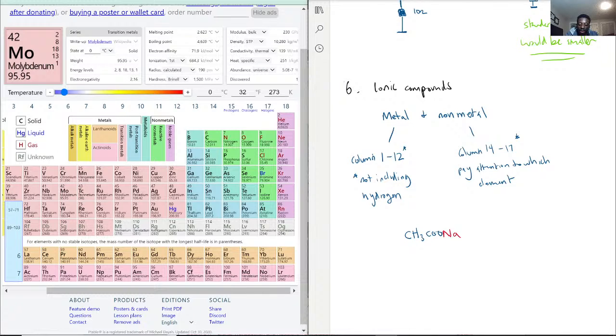Like this one is a common example because this one's actually sodium acetate, if I remember correctly, because it has a sodium and that's acetic acid right there. But yeah, that's just an example here because this is still considered an ionic compound.